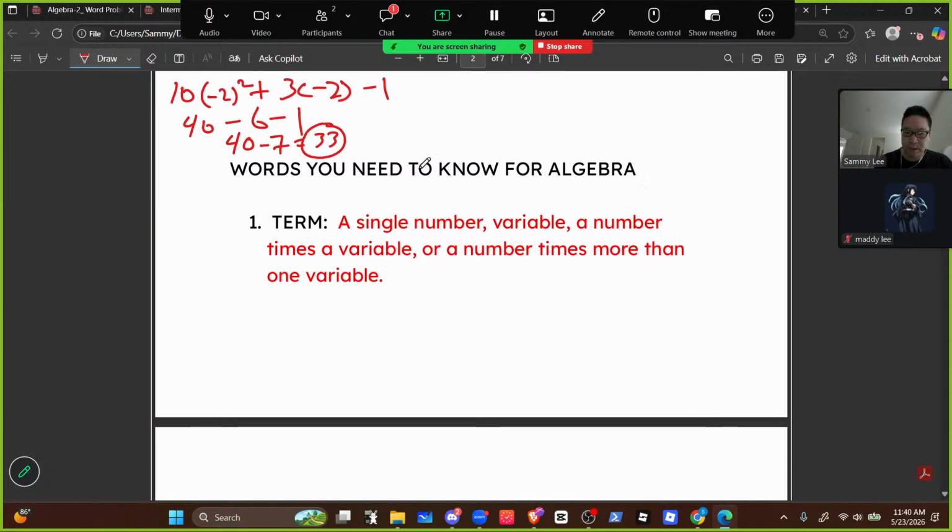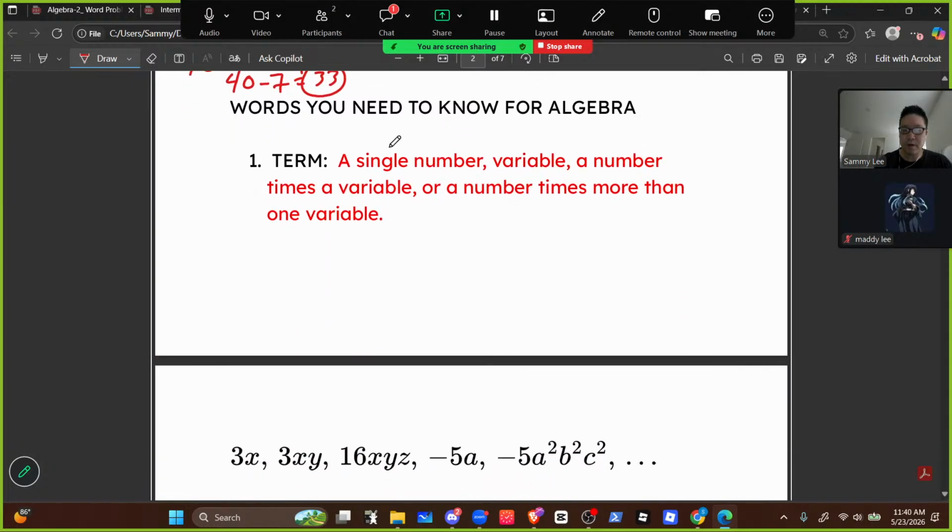All right. Let's continue. So here are some of the terms that you need to be aware of for algebra, and you'll continually run into them over and over. The first word is term, and it's basically a single number or a variable, a number times a variable, or a number times more than one variable.